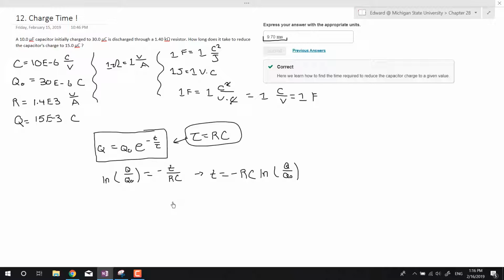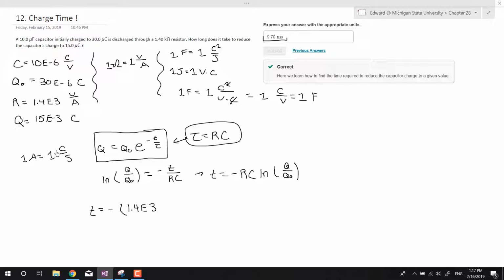So we have t is equal to minus R. Well, that's just 1.4 e to the 3, and ohms, right? What is ohms in? Well, 1 amp is equal to 1 coulomb per second.